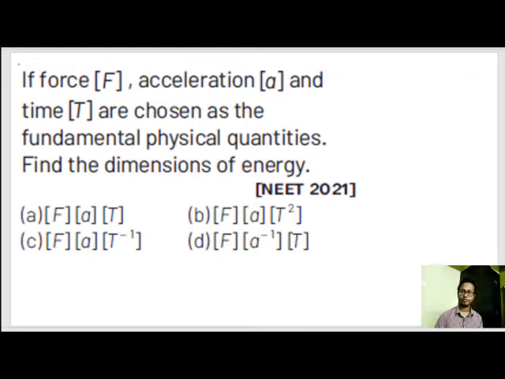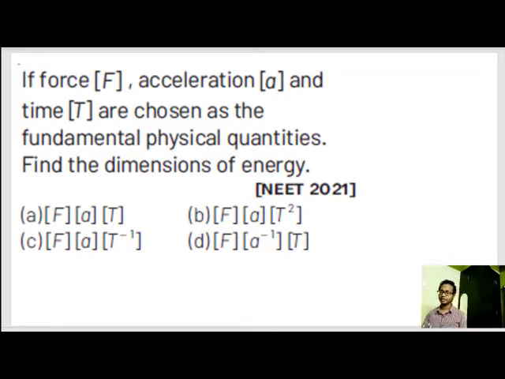Now this question: if force is equal to F, acceleration is equal to A, and time is equal to T, are chosen as fundamental physical quantities, the dimension of energy is. Okay, this question I want to treat as theory. This question is a theory of its own. Many such similar questions will come where you have to use the same method. In higher physics, the method I am applying in this problem is called the Rayleigh method.